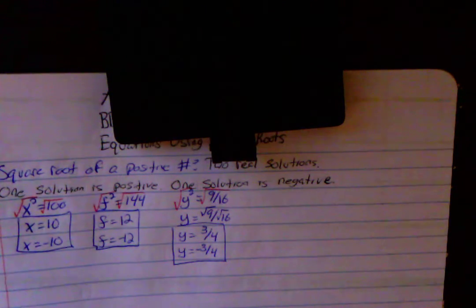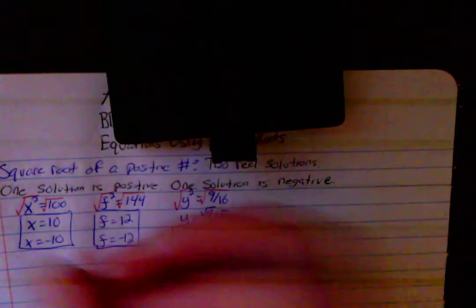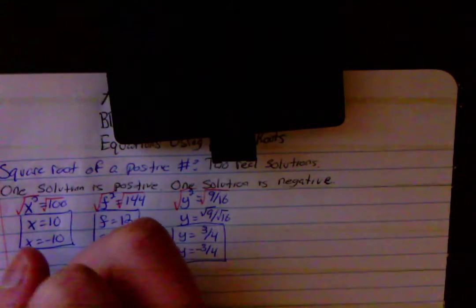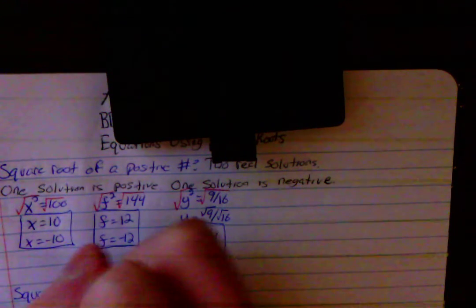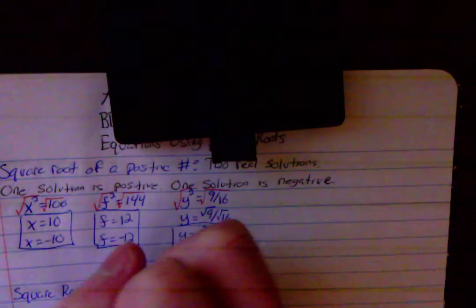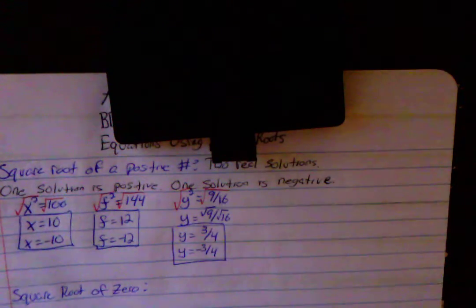Say we have the square root of 0. Okay, if we have the square root of 0, we have one solution.